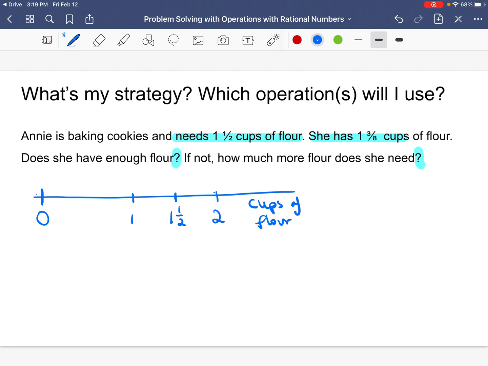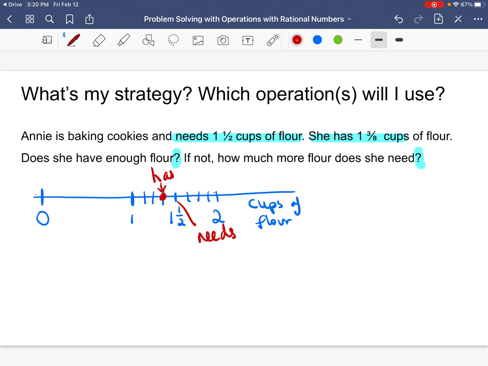She has 1 3/8. So I need to mark 3/8. So 1 is to here, and then I need to mark this into 8ths. And 3/8 is here. So she has this much and she needs this much. So I've drawn a number line with the information on it.